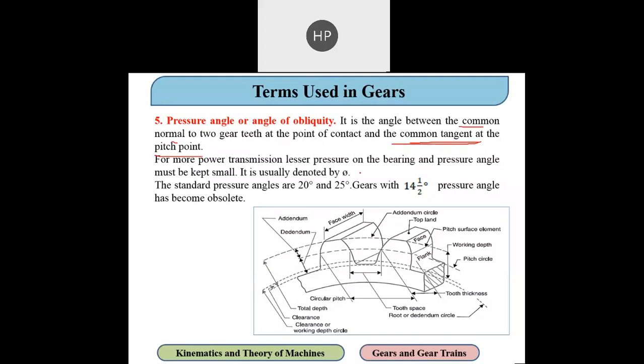But this pressure angle is very important to transmit power. The capacity of a gear to transmit power is generally specified by the pressure angle. Generally, three pressure angles are standard and used in most gears: 20, 25 degrees and 14.5 degrees.